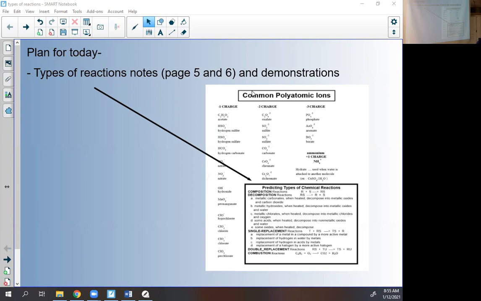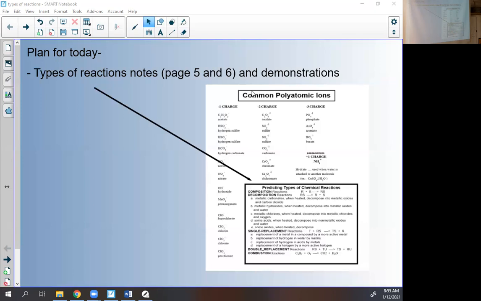And then if you would have your naming schemata out, we're going to talk about this box, which we've never talked about before. It's the box in the bottom right-hand corner of your naming schemata, and we're going to teach you how to use that box while we do these notes. Sound all right?